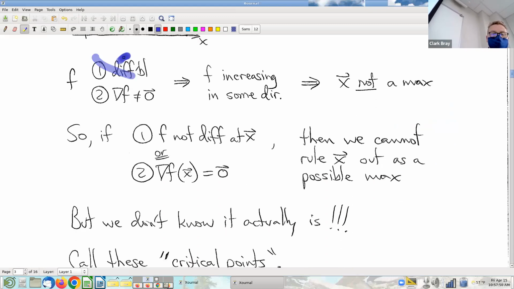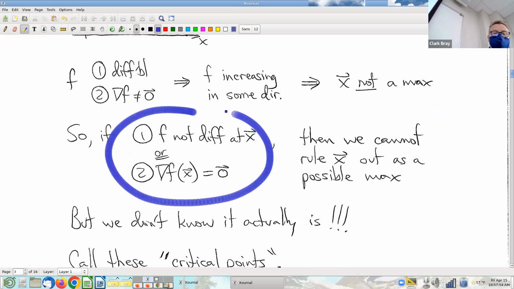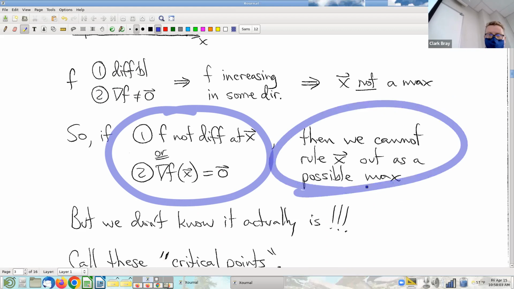Points where one of these conditions fails, namely points where either of these things happen, are our own failures. They're points where our method just doesn't cut it. It's where I don't know what's going on, because we cannot eliminate them. All you do when you're trying to find maxima is eliminate possibilities. Points that you can't eliminate, that's your problem, not their problem. We don't know anything about them.